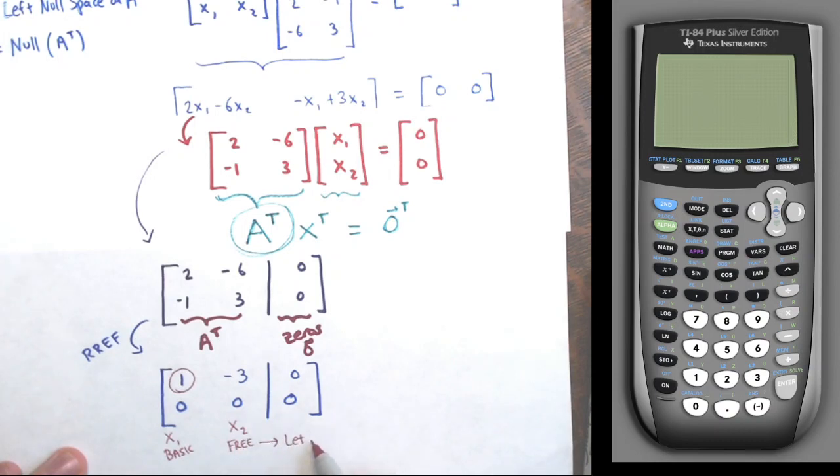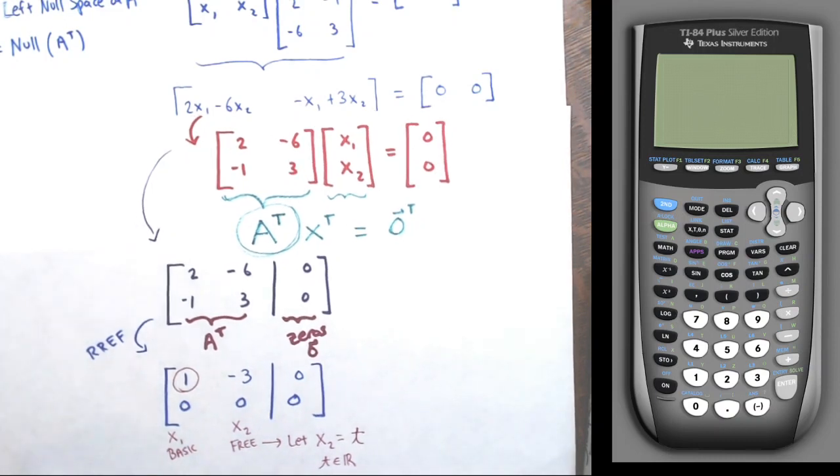I can replace x2 with any real number I want, and I prefer to replace my free variables with other parameters, other letters that represent real numbers. You can leave it as x2 if you wish, but I'm going to replace it with the letter t, where t is any real number. Once you replace x2 with any number, you can find x1, but you can't replace both of them with any number you want.